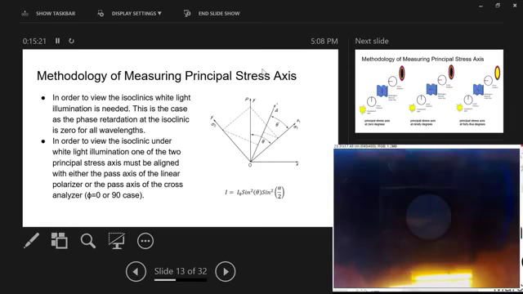So when you look at the geometry of the polariscope and analyze the intensity that's passing through it, you'll see that for any given dA, an infinitesimal area of a birefringent or photoelastic object, you will pass this intensity as a function of the angle of the one principal stress axis at that point to the polarizer, and as a function of this alpha, which is the phase that's inducing.